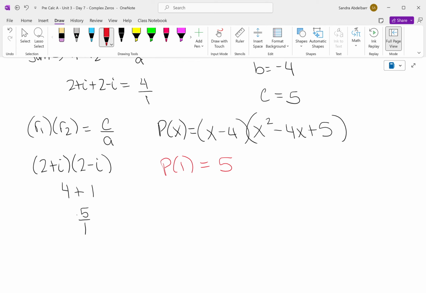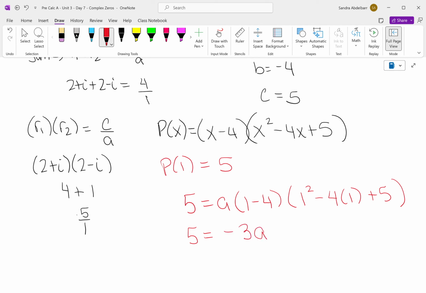We need a GCF sort of in the front. I'm going to call that a. So now I need 5 to equal a times, and now I'm going to plug in that 1: 1 minus 4 times 1 squared minus 4 times 1 plus 5. So now we're going to have a negative 3a times, what's all this in here? 1 squared minus 4 plus 5.